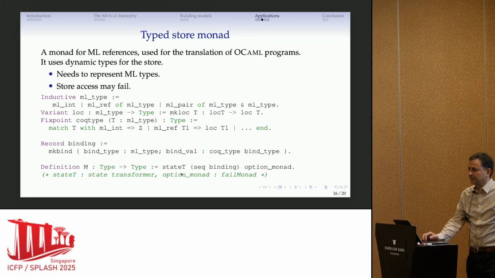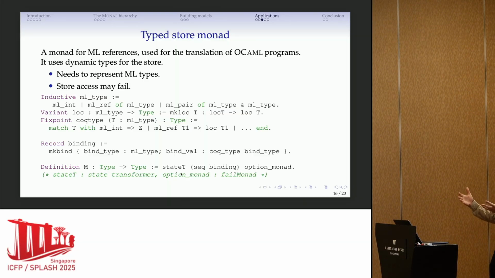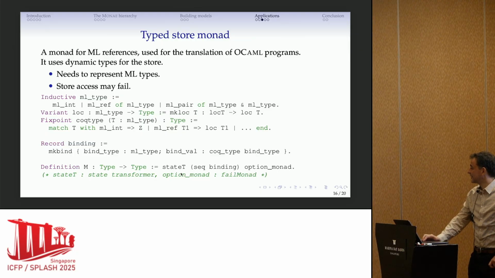We looked around for well-known monads representing that, because this looks very similar to the Haskell one, but actually there is no equational theory for those. There was one recently proved, but it's very technical.